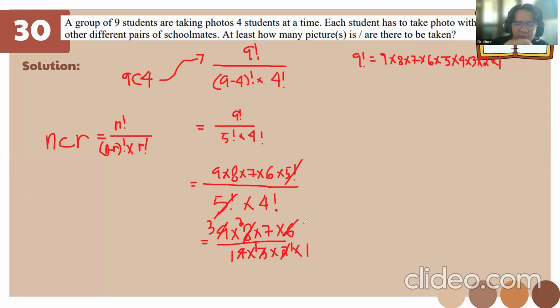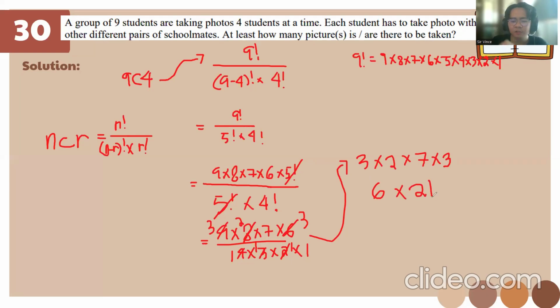Then 6 here becomes 3. So we'll be left with 3 times 2 times 7 times 3. Okay? This one, we multiply. It's going to become 6 times 21. So if you multiply 21 times 6, we'll have 126.